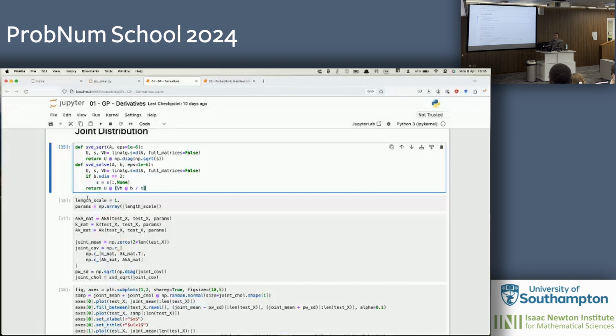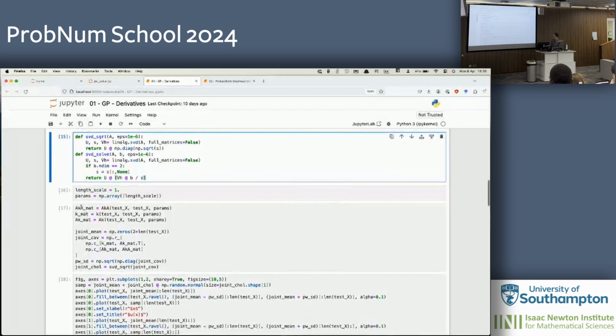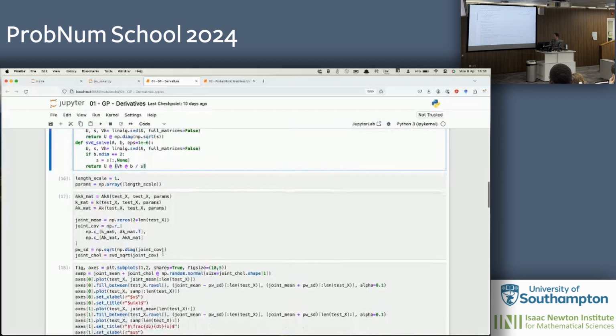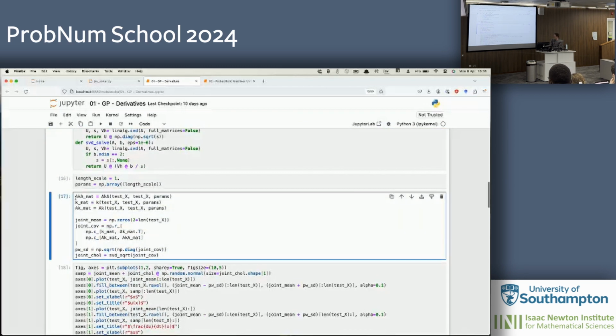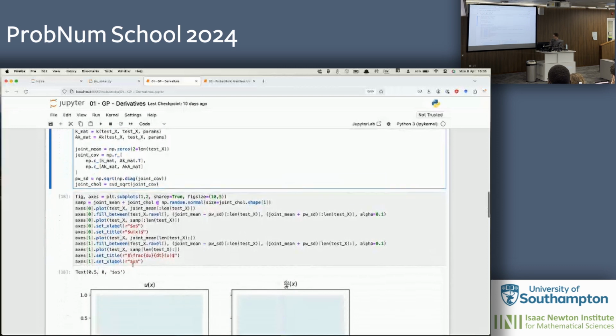Again, don't use the squared exponential covariance function. Apart from this, the only mathematically interesting code is setting up the Gramian matrix that I need to take the square root of to get samples from the joint distribution over U and AU. And this is just plotting code.